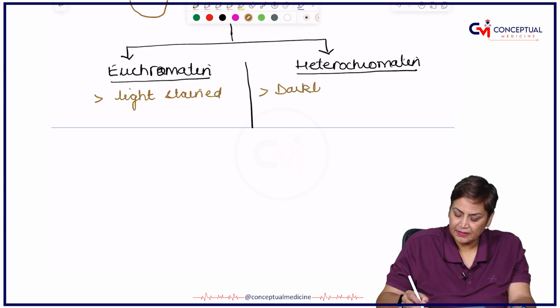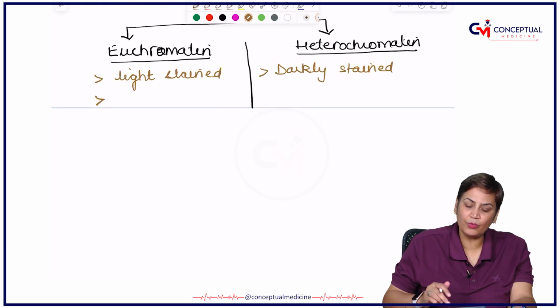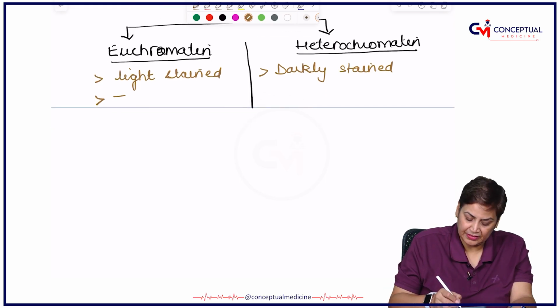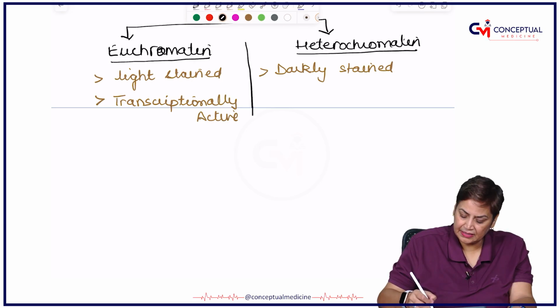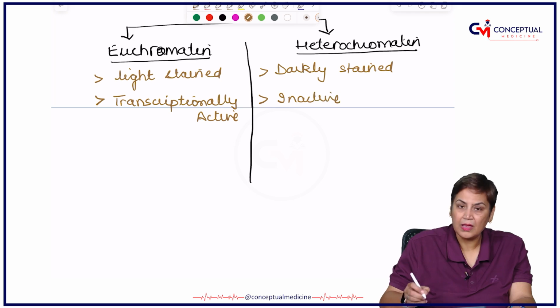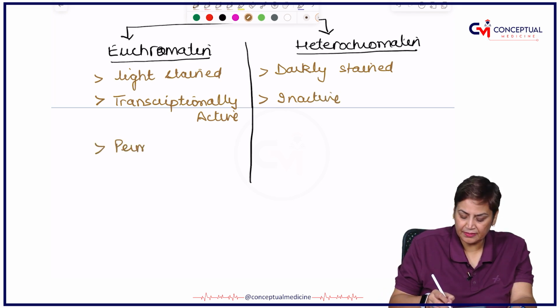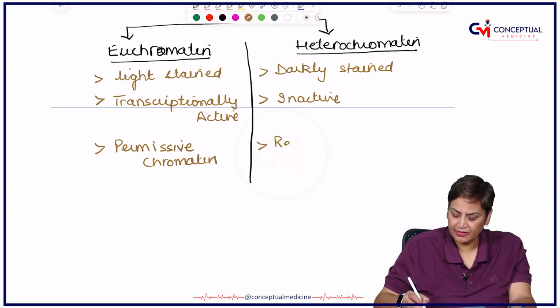Then euchromatin is transcriptionally active, and this is transcriptionally inactive. This is having permissive chromatin, and this is having repressive chromatin.